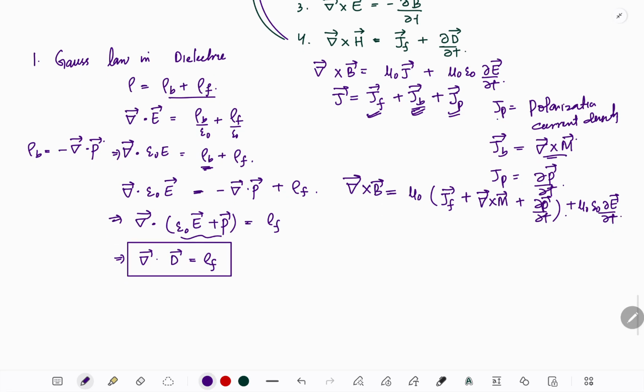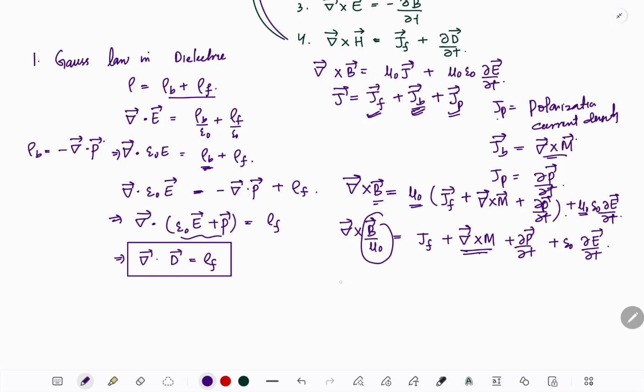Now take this mu 0 to this side, so del cross of B by mu 0, and taking mu 0 common from both sides, there remains only JF plus del cross of M plus dou P by dou T plus epsilon 0 dou E by dou T. I hope there is no problem, where this B by mu 0 is actually H, not yet H. Just give me a second.